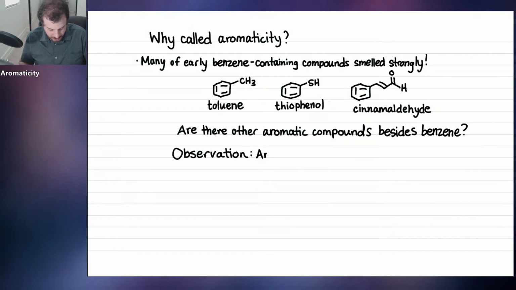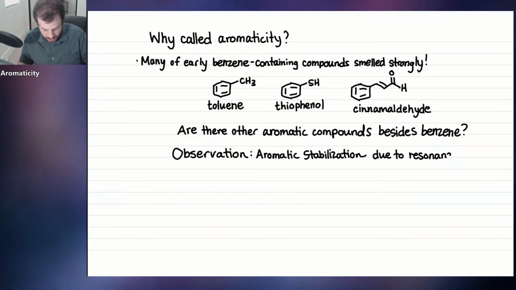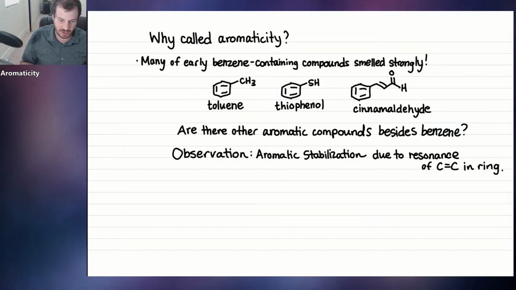So the observation was aromatic stabilization due to resonance or conjugation of CC double bonds in a ring. That was the observation early on. And so the prediction was, let's look at other rings.